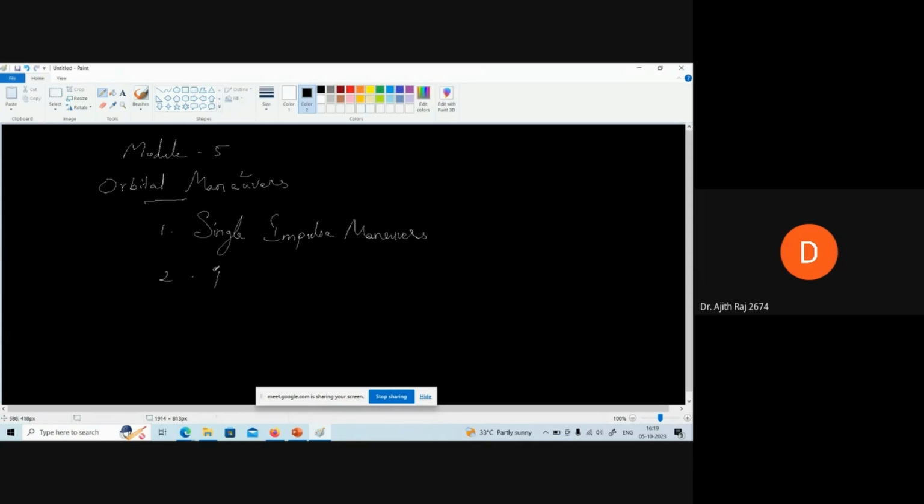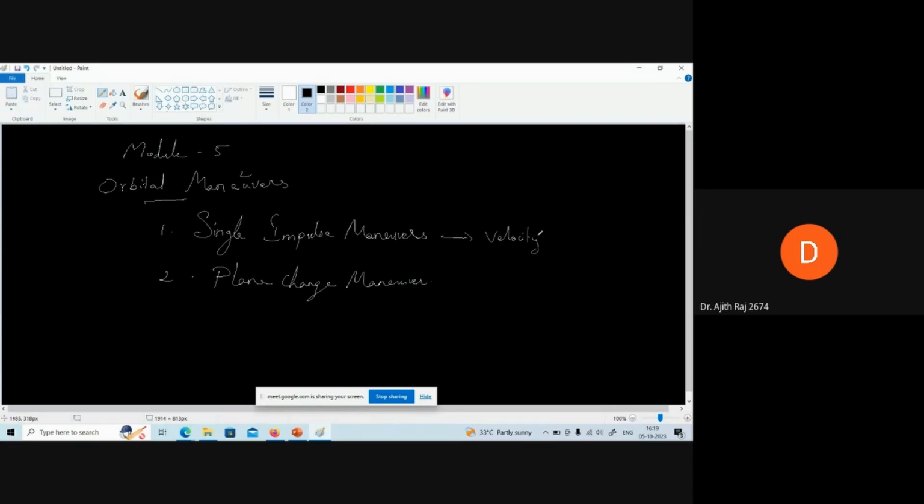Second is plane change maneuver. So these are the two different types. One is with respect to velocity and altitude.